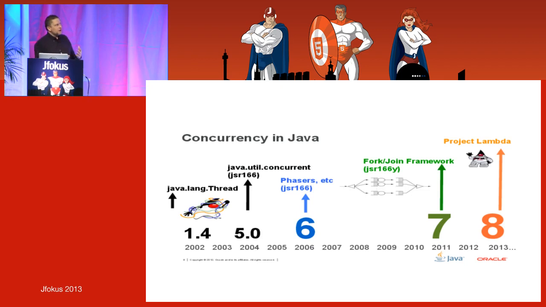Now, from the point of view of concurrency, Java as a language has always had the concept of multiple threads and concurrency built into it. Right from the very beginning, we had Java 1 with the Thread class. The Thread class gives us the ability to create a new thread of execution and have it execute a run method. We have the idea of synchronization primitives. So you can take a method and make it synchronized.